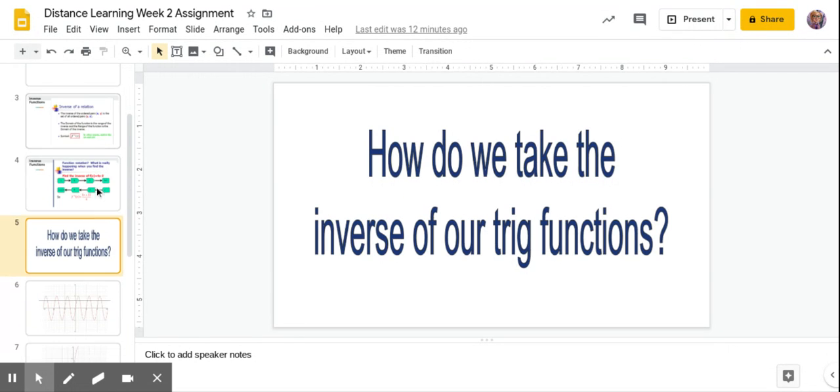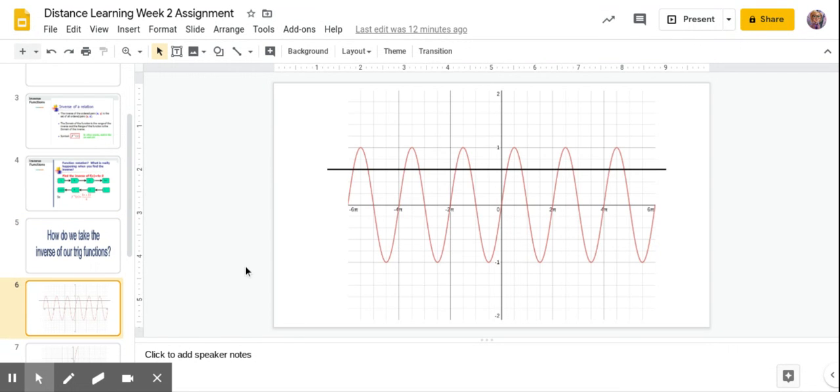Before we do that, though, let's just talk about the horizontal line test. In order to have an inverse, your function has to pass the horizontal line test. That is, you can't have multiple intersections when you go through it with a horizontal line.